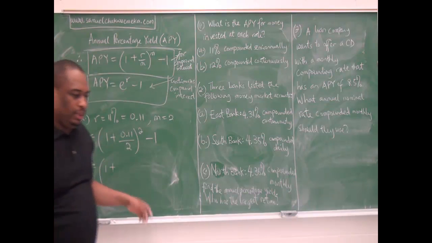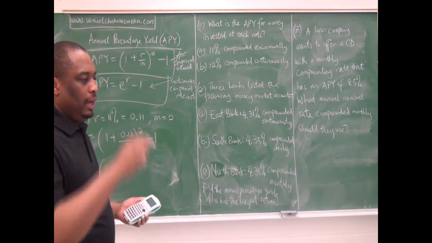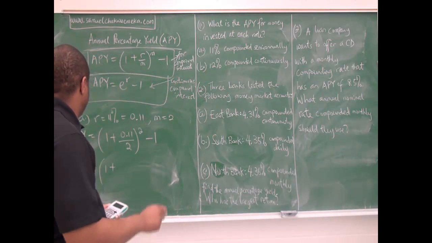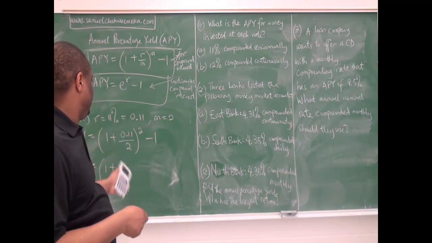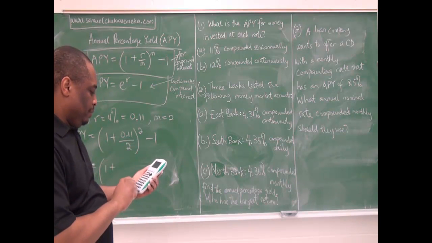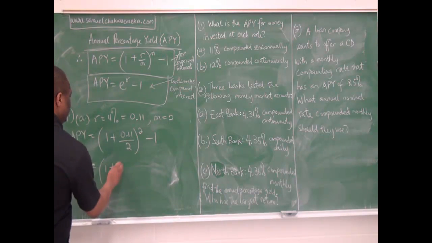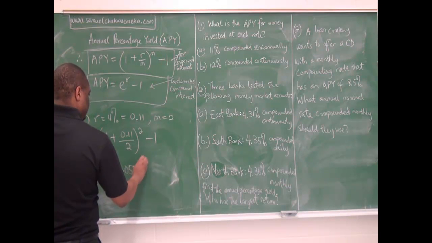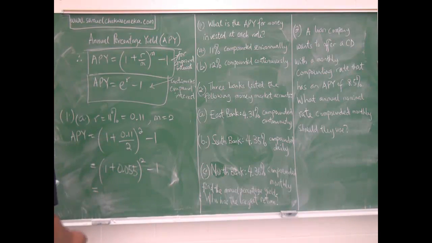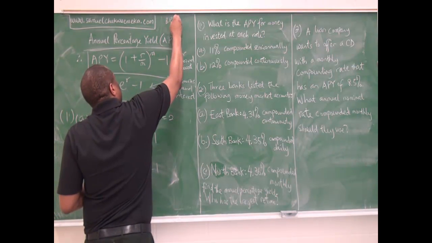Now, you can do this with your calculator. I've taught you how to do this. 0.11 divided by 2 is 0.055, if you're doing it step by step.